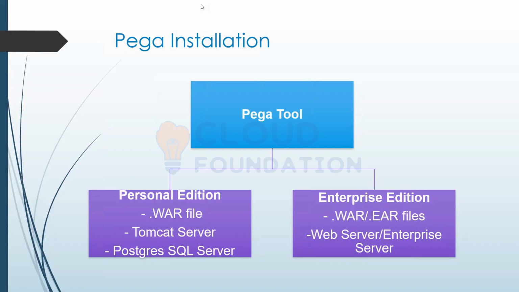Now, with the personal edition, you don't need any other explicit installations here. It comes with the Tomcat app server and the PostgreSQL DB server, packaged together. They have defined that you would be using a Tomcat app server and a Postgres DB server.